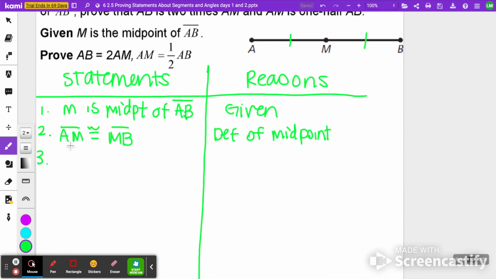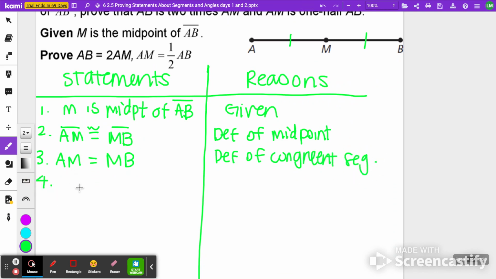Then we know that AM equals MB. And again, that is the definition of congruent segments. If that's the case, then we know AM plus MB will be equal to AB.